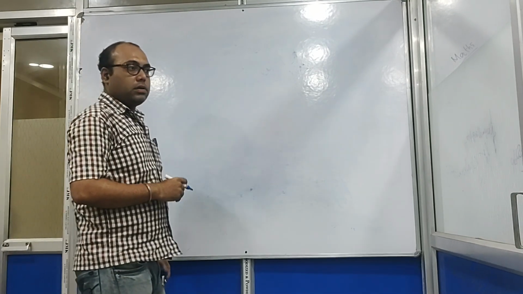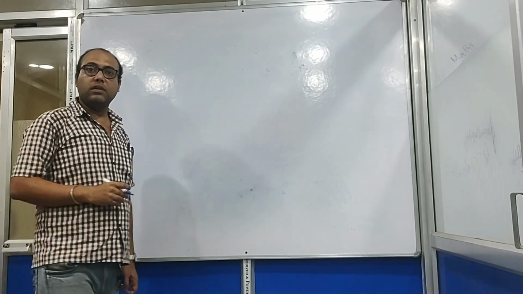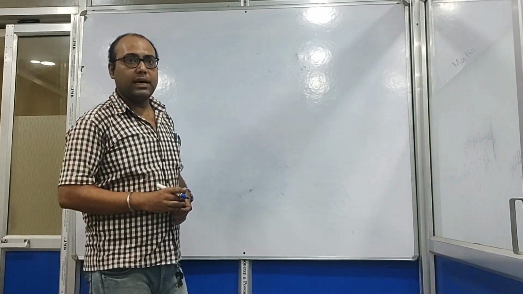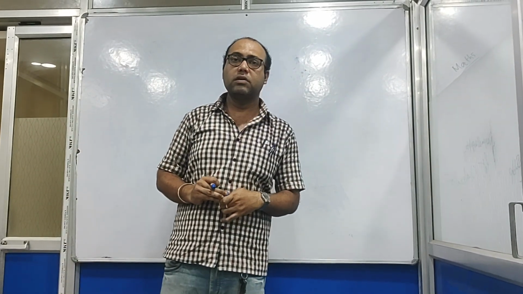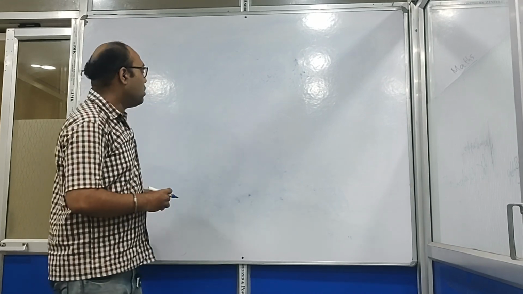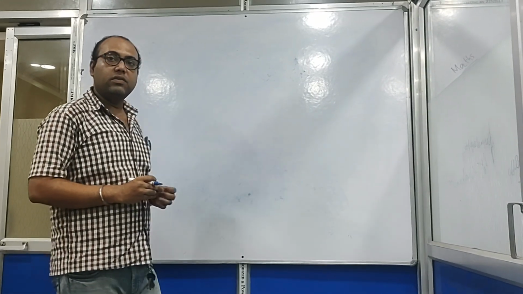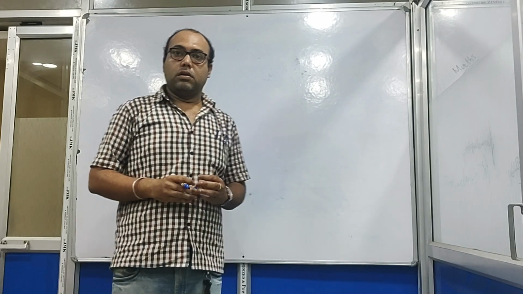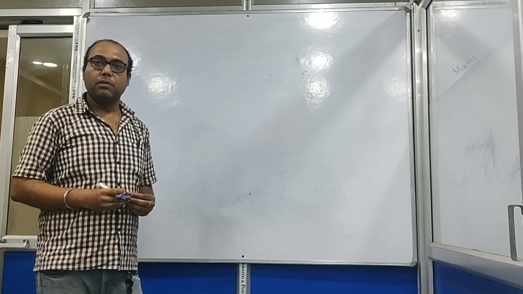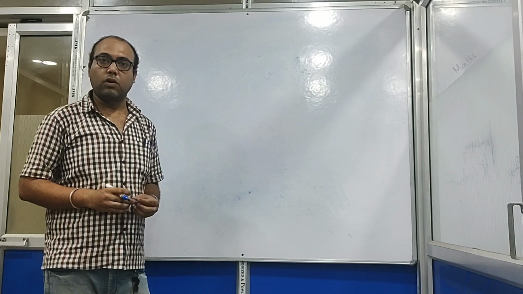So, the topic is resistance in series and parallel. We know that in our household circuits, all the connections are in parallel, not in series. Why? Because in series, the voltage gets divided across each appliance, but the current remains the same across all.